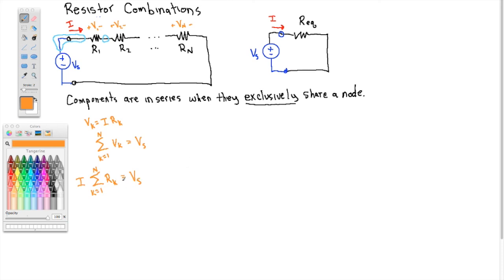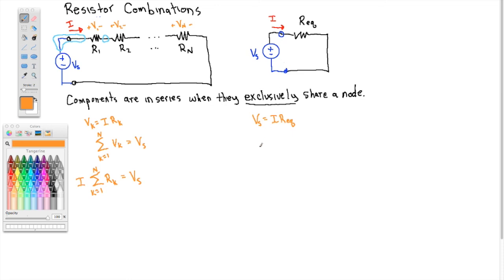Now let's sit tight on that and come over to this picture. Here I can apply Ohm's law immediately because there's only one resistor, so the voltage across it is Vs. So here I've got Vs equals I times Req.